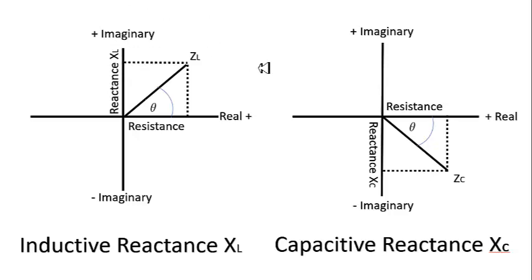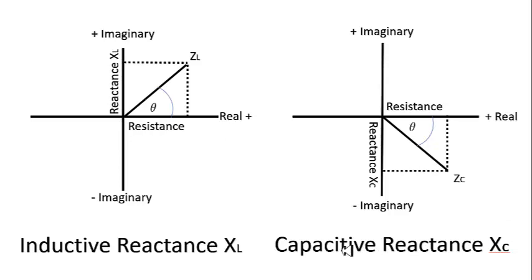And so as you can see, for the inductive reactance, this line here is in the positive real, positive imaginary quadrant. So this is going to be a positive real, a positive imaginary distance or point right here. And so for the inductive reactance, the impedance is in the positive real, positive imaginary direction.